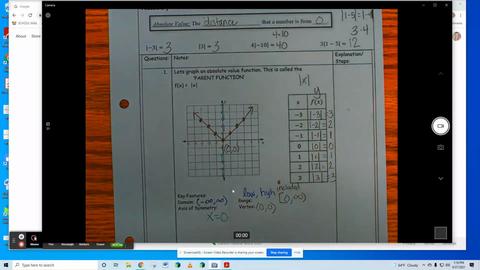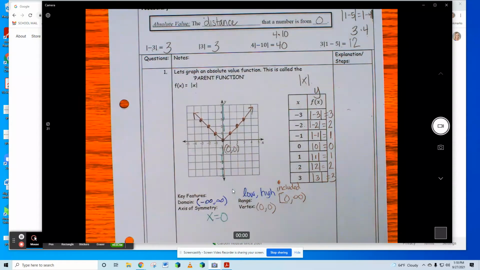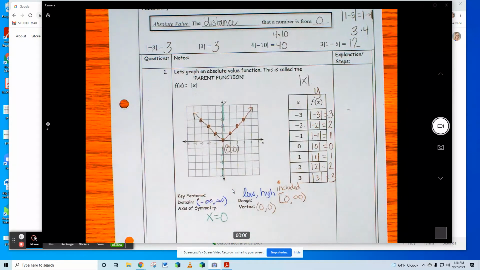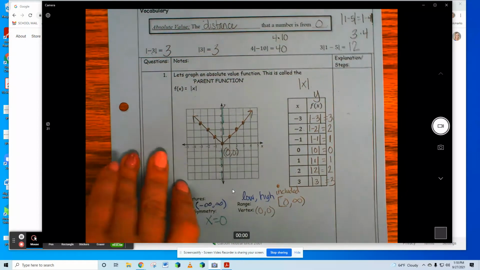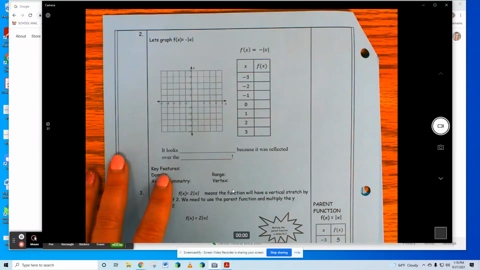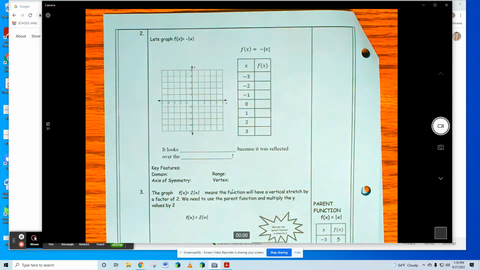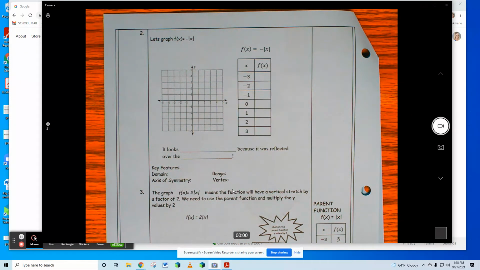Okay. Now I'm going to start playing with this x. I'm not going to give you just a boring parent function x. Now I'm going to put a negative sign in front of it. So let's turn the page. Does anybody have a thought on what a negative sign is going to do? What would it do to a graph? A negative sign in front.